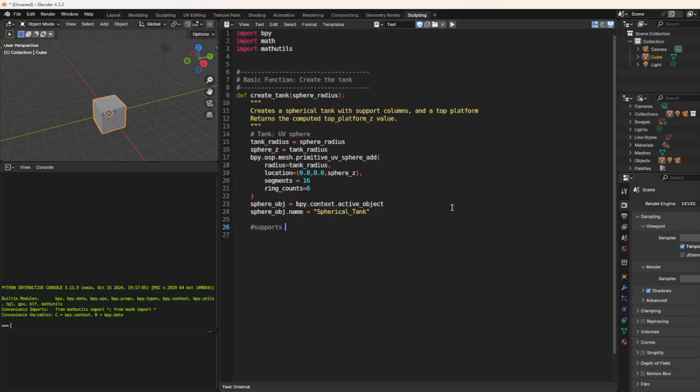That's going to write the support columns at the equator. So num_columns is 6. The height is going to be equal to the tank radius.